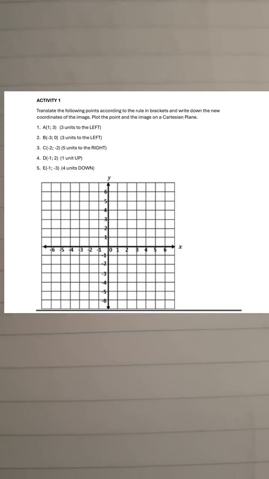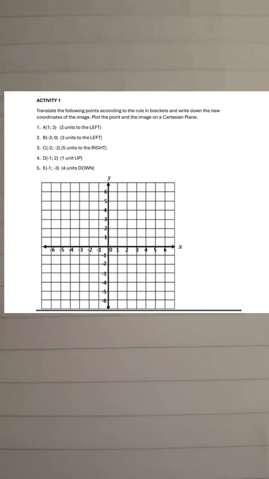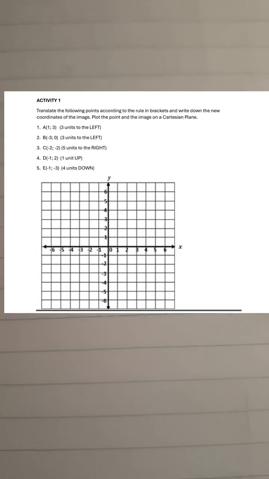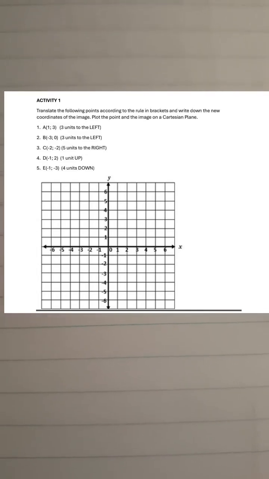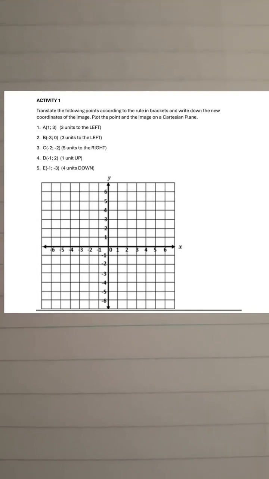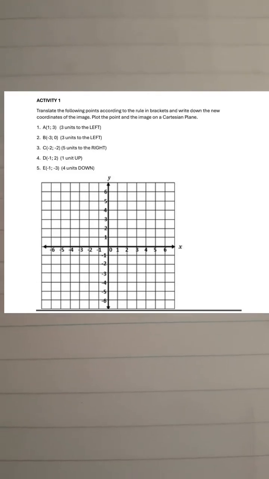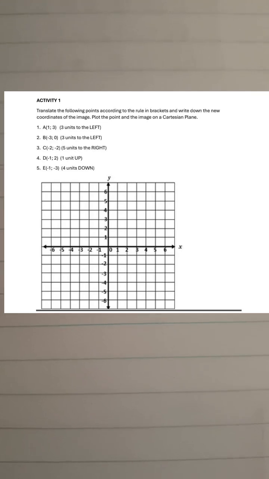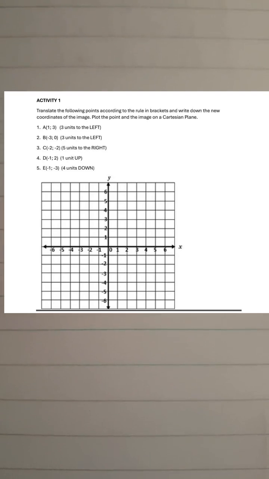If, as number 1 says, 1 and 3 has been translated 3 units to the left, what are the new coordinates of A? Right, so first and foremost, if we're talking 3 units to the left, which coordinate is being affected? Is it X or is it Y? And then 2, if we're saying 3 units to the left, are we going to add 3 units to it, or are we going to subtract 3 units from it?